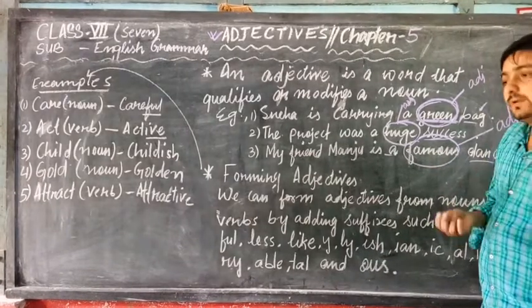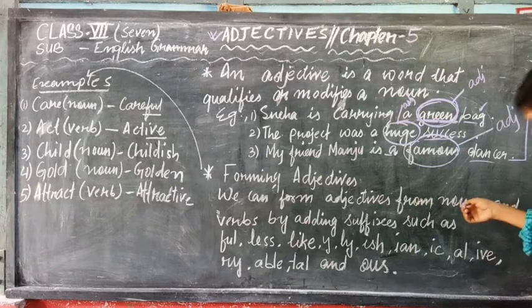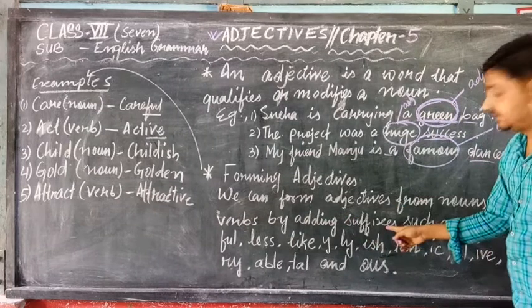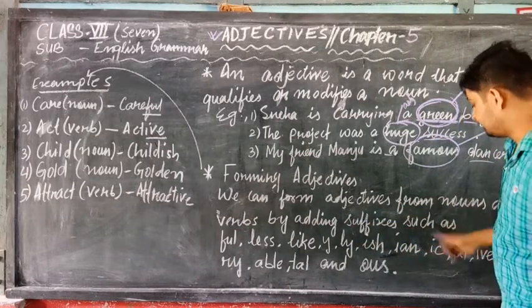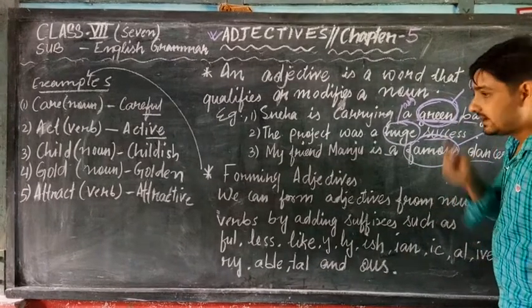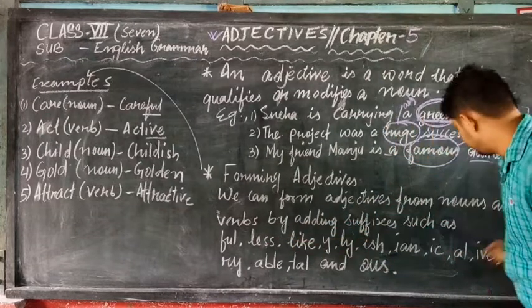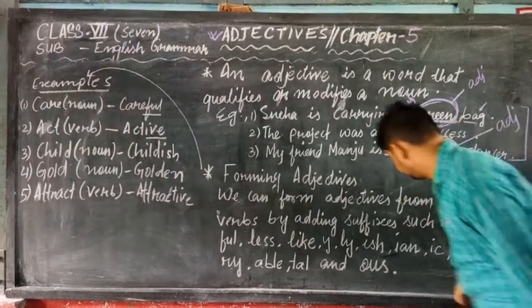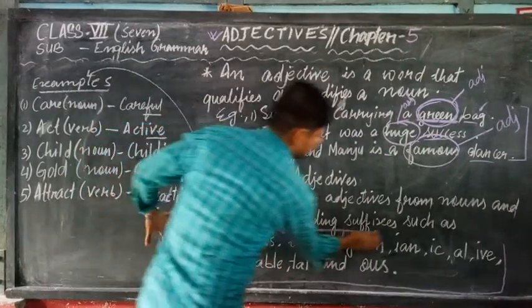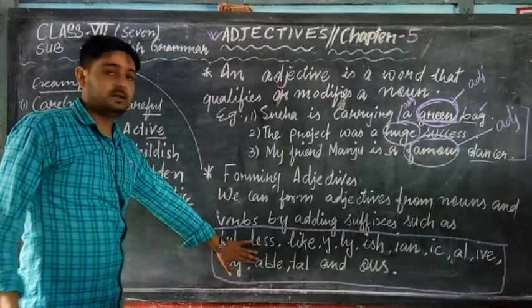The letters we use at the end of a word are called suffixes, and you can use them to form adjectives.